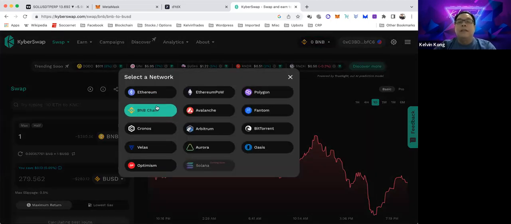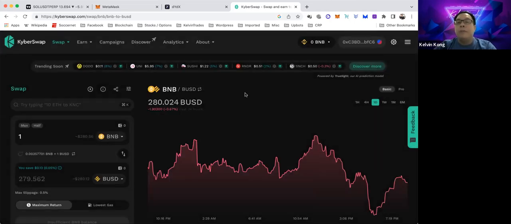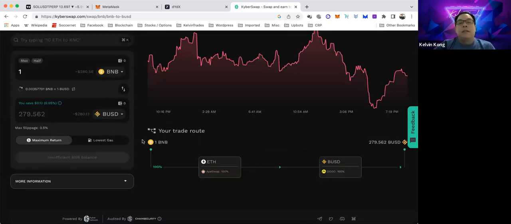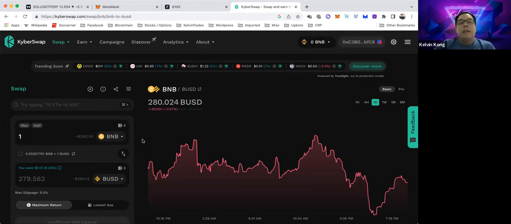So if you want to sell your coins in the Ethereum blockchain, then just click Ethereum. This is what we call a multi-chain decentralized exchange. I think the future of blockchain is all about multi-chain. There are going to be a lot of different layer 1 blockchains coming up, and also a lot of different layer 1 blockchains collapsing.